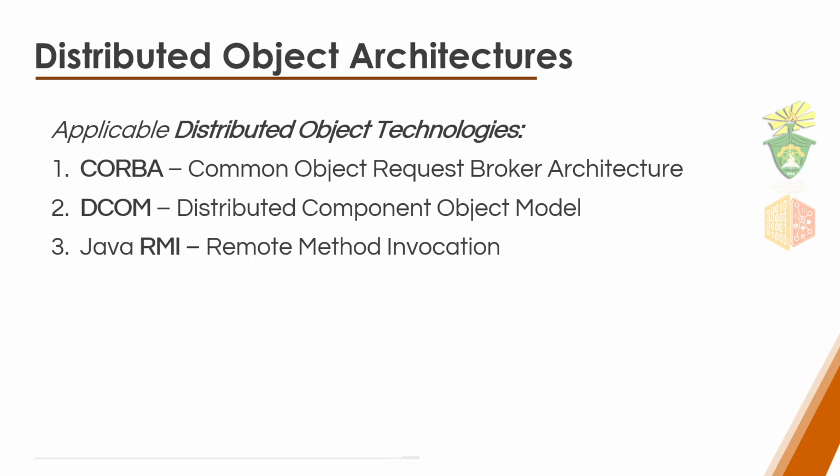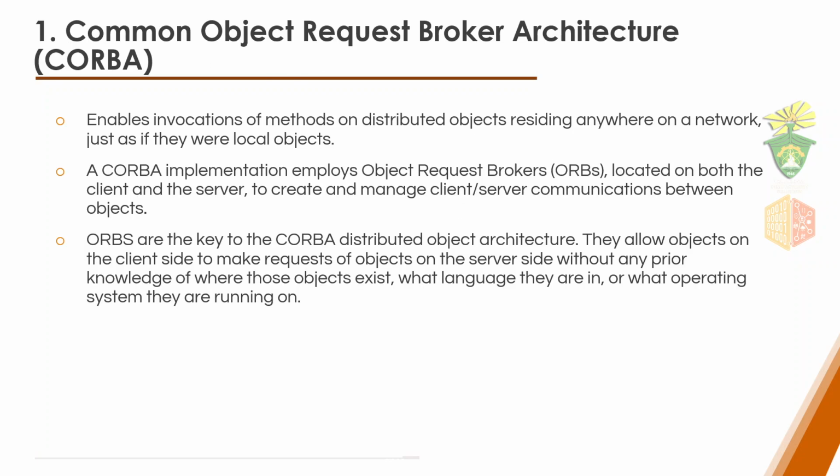And because of its architecture available, it's called RMI. So there's a list of commonly used distributed object technologies. First is CORBA, the Common Object Request Broker Architecture. Get familiar with this. The DCOM, Distributed Component Object Model, and the Java RMI, the Remote Method Invocation.